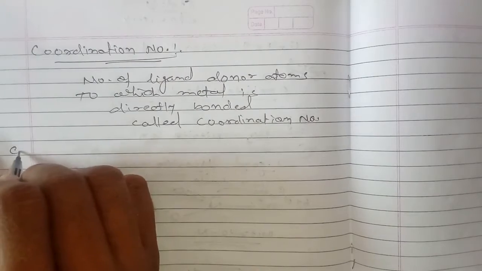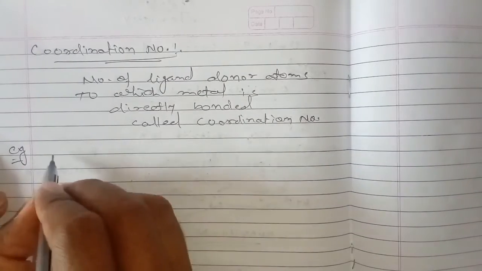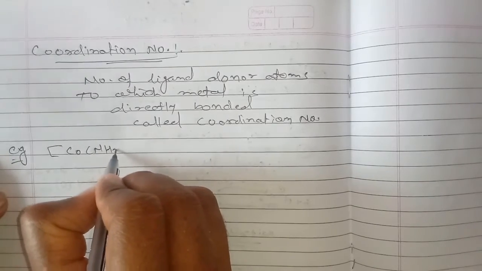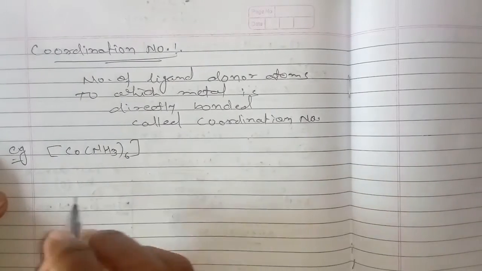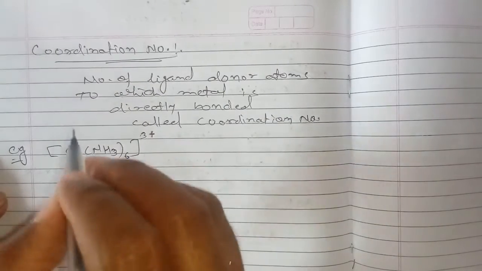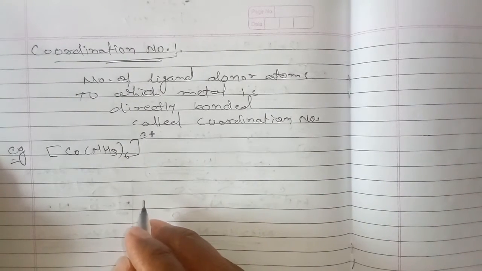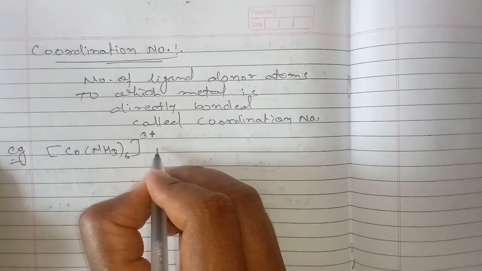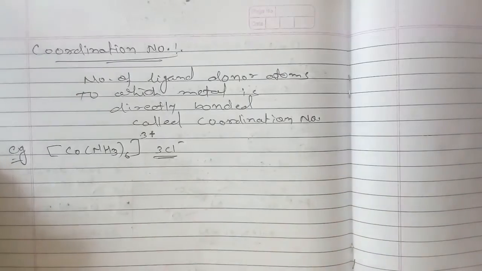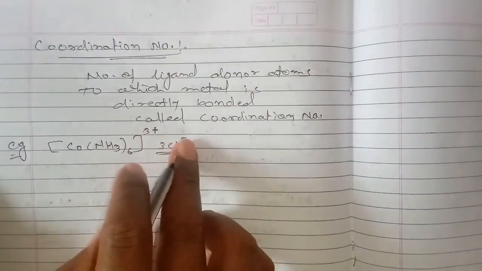For example, Co(NH3)6, the charge is 3 plus, and for balancing there are 3 Cl minus for the charge balance only.